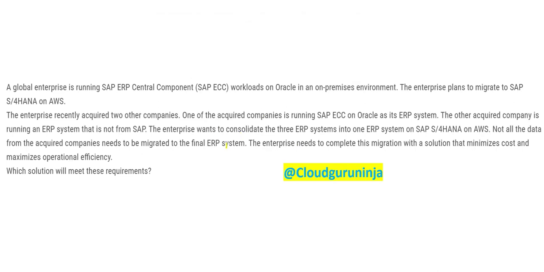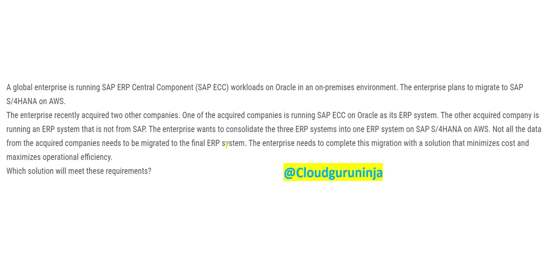See, this is the question. You are running SAP ERP, and you have acquired two companies. One is running SAP ECC ERP system, and the other company is using some other ERP system, not from SAP, and they want to consolidate all three systems now.